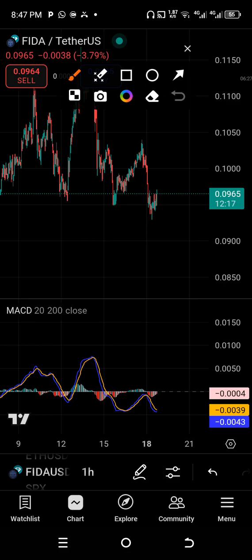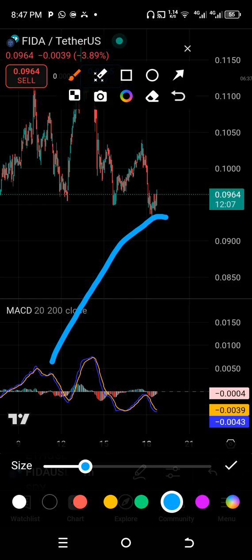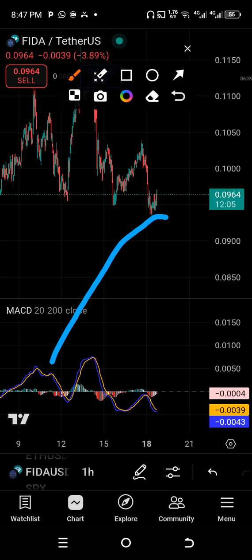When this yellow line is moving like this, are you seeing? The blue line is moving like this, and the yellow line is also moving beneath this line.